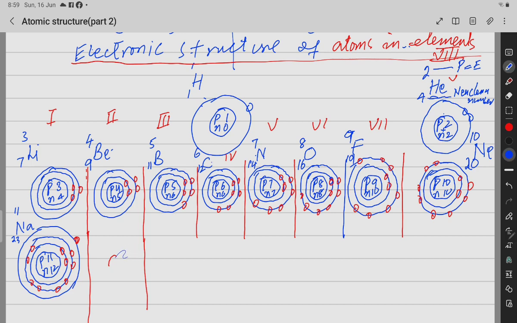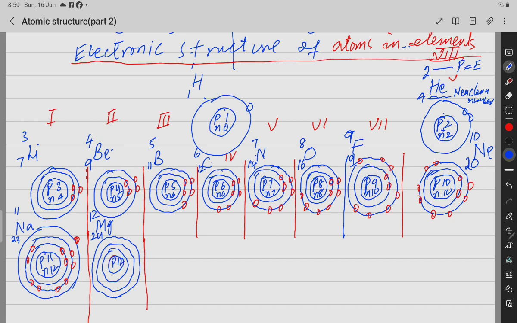This is nucleus. We have first shell, second shell and third shell. Proton, and this is magnesium, 24 and 12. 12 is the proton number, 24 is the nucleon number.